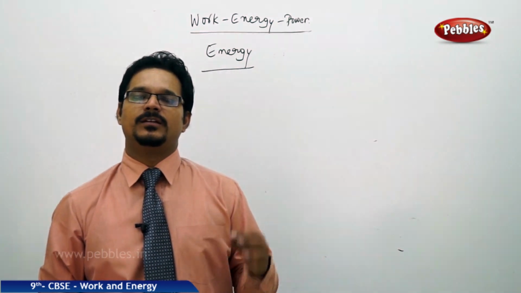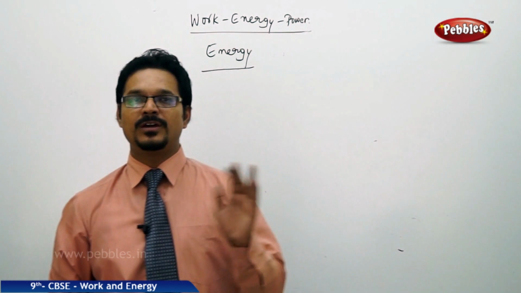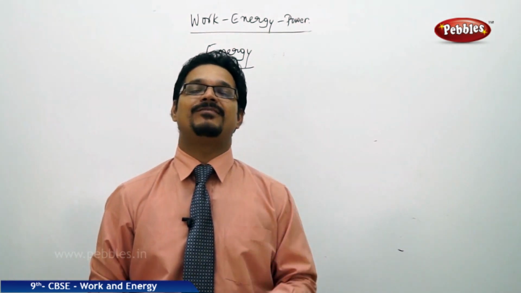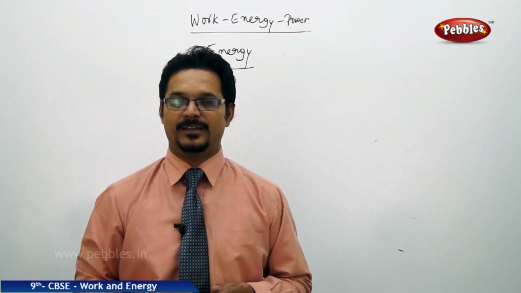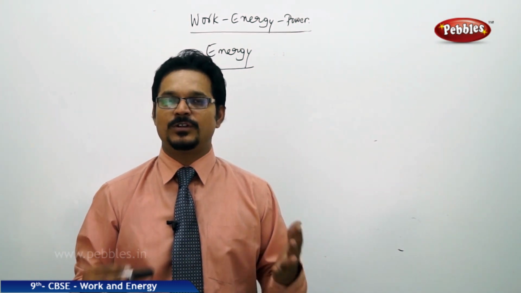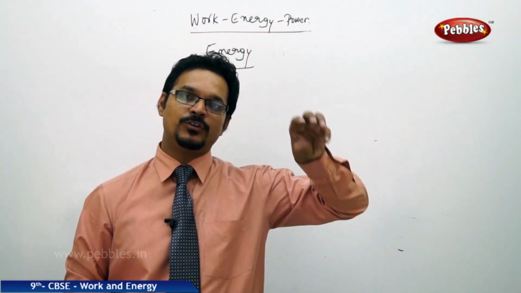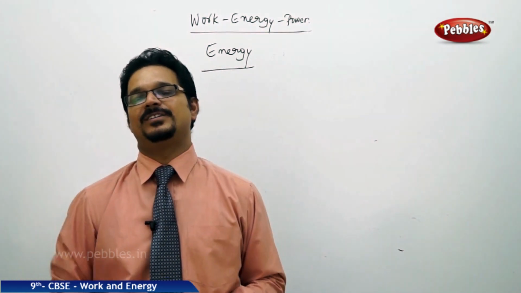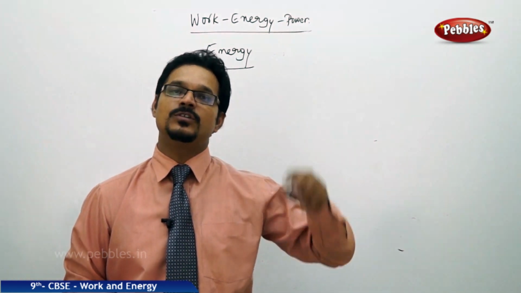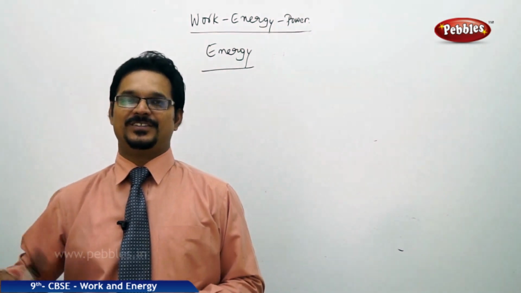We understood that the work in physics we need to take is what is measurable, and that you can measure using the formula W equal to Fs. But the question is, if you want to do work, what do you require? Yes, you require energy. If you want to do 12 joules of work, you should have minimum 12 joules of energy. If you want to do 100 joules of work, you should have 100 joules of energy.